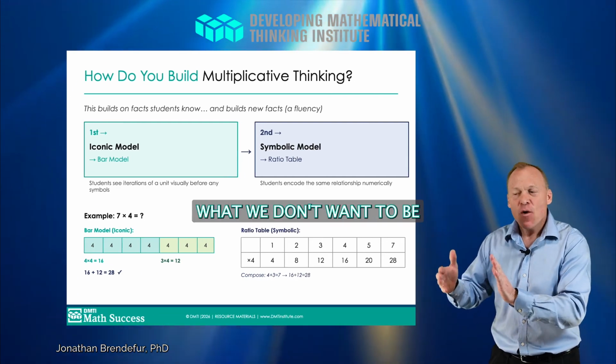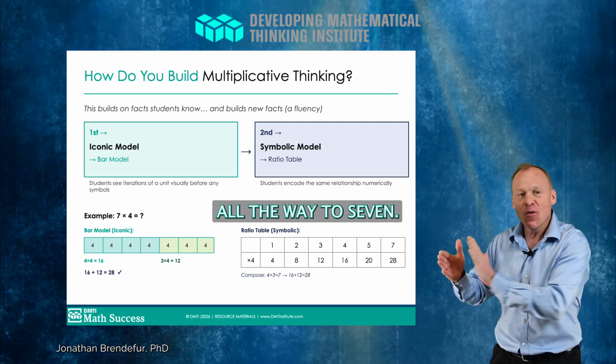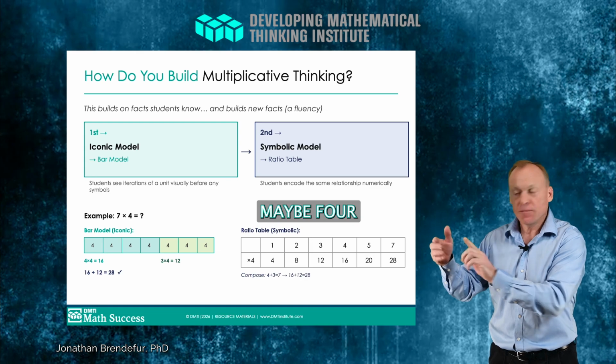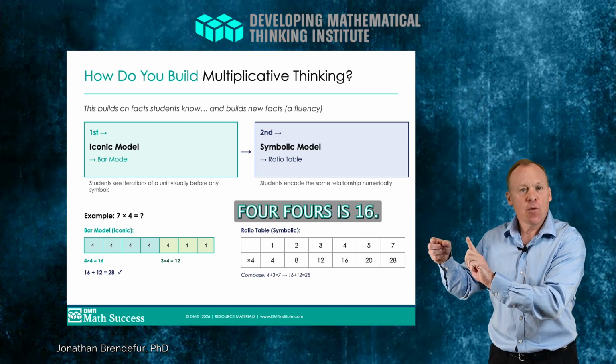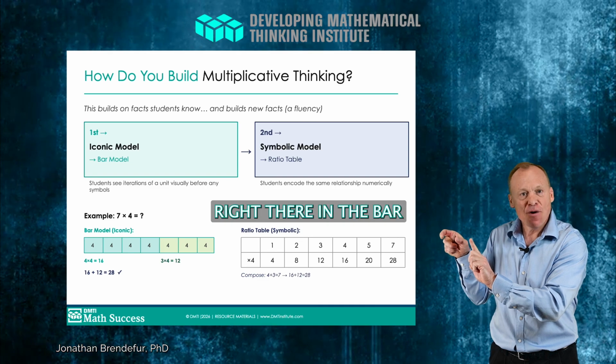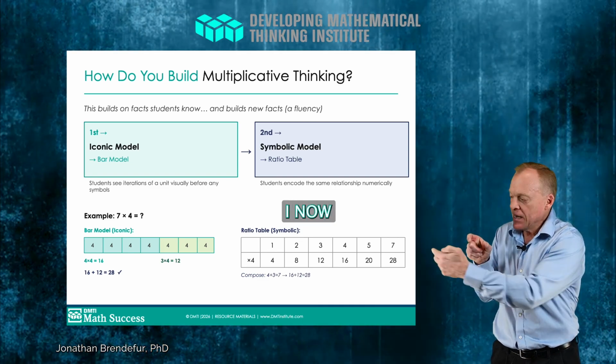So once you get to 5, what we don't want to be building out is every single one of them all the way to 7. We want to start using it flexibly. So once we get to maybe 4, so we see 4 4s is 16. And then I'm looking, I see 3 of them right there in the bar model are 12. So if I extend on 3 4s here, I now have 7 of them.